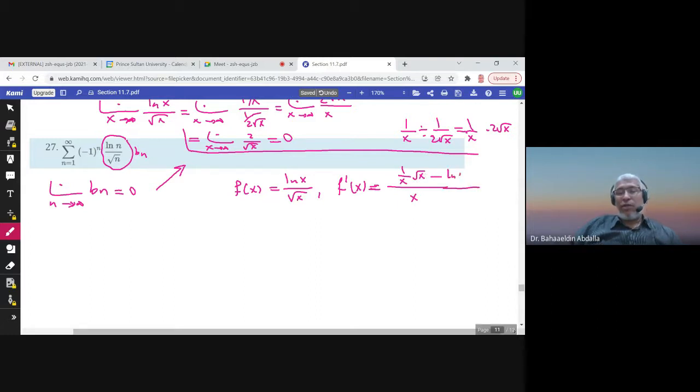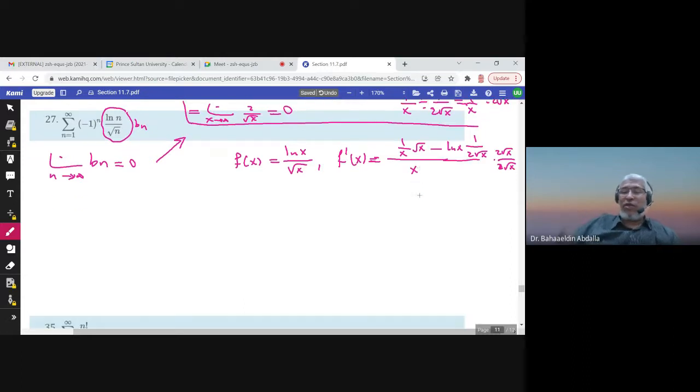Ln x times derivative of square root of x, which is 1 over 2 square root of x. Let me multiply by 2 square root of x over 2 square root of x to get rid of the denominator in the numerator. So I'll have 2 here, and 1 plus half is 3 over 2. So I'll have x to the power 3 over 2.